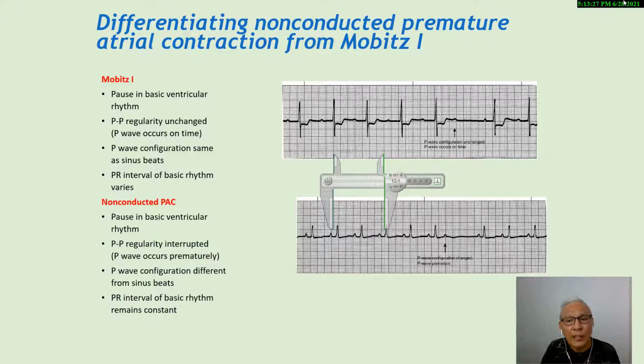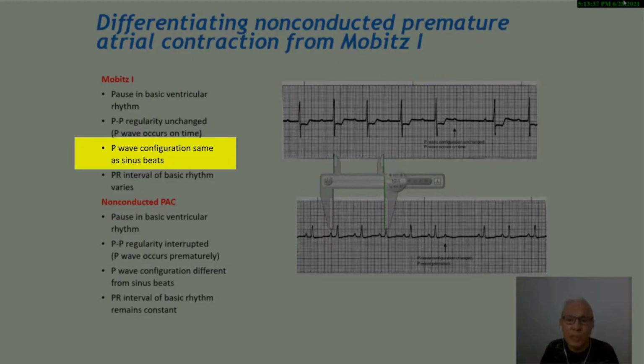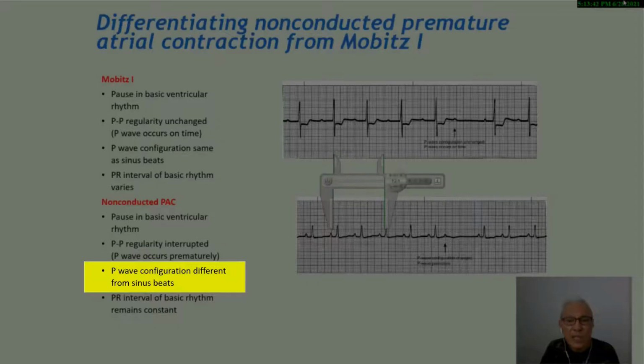In addition, looking at the P wave without a QRS complex, in a Mobitz 1 the P wave morphology is going to be the same as the previous P waves.